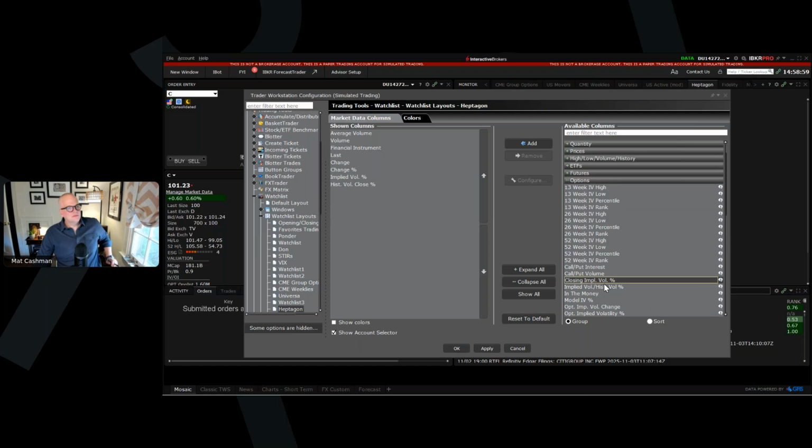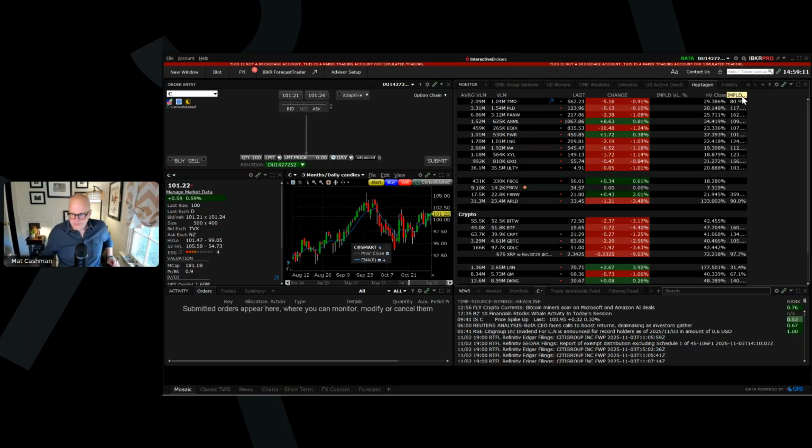So closing implied volatility percent, for example, there's the ratio I was looking for, the implied vol over the historical vol percentage. There you go. Highlight that, click add. There it is on that side now. Click apply and OK.